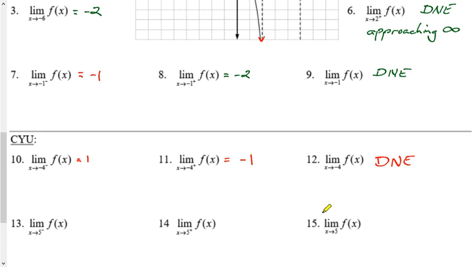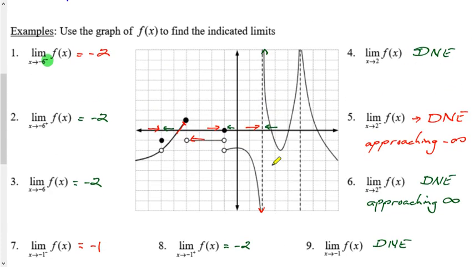How about at positive 5? Well, here as we look at positive 5, from our left side, our graph is going up towards infinity. From our right side, it's approaching infinity. So it's approaching the same value in a sense. But remember, infinity isn't actually a number. Infinity is just further.